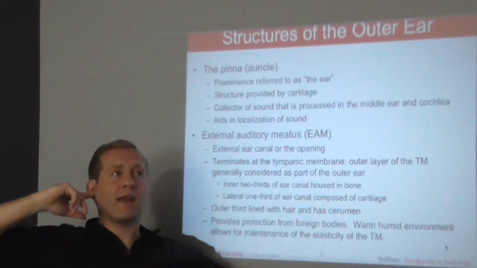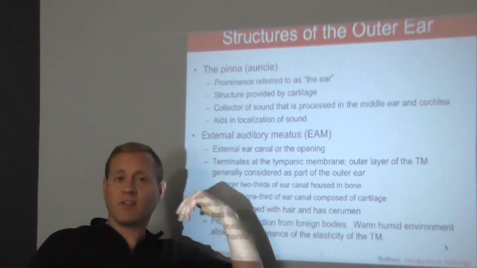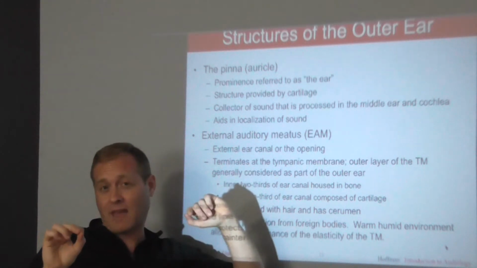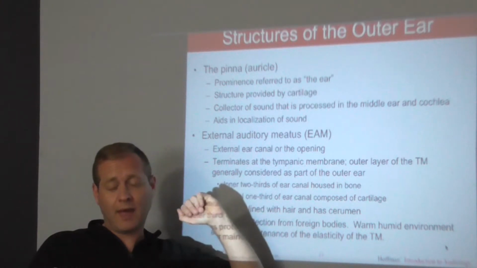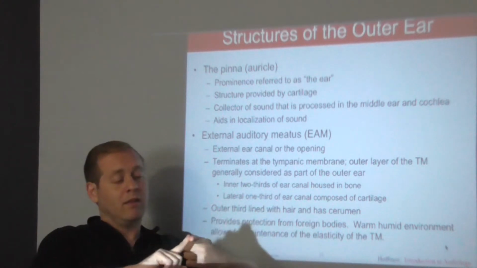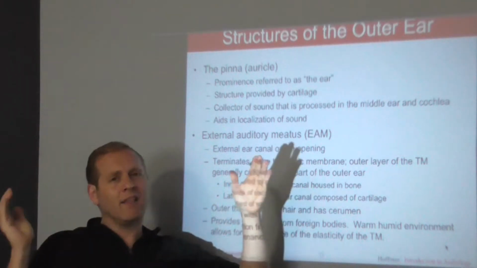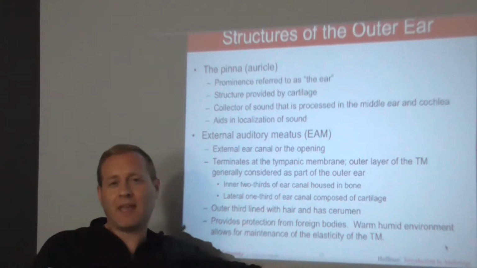So if I hear it first in the right ear, then in the left ear, I know that it's coming from my right. If I hear it first in my left ear, then in my right ear, this is milliseconds difference, guys, sometimes, I know that the sound is coming from my left, okay? Localization, pinna. Collecting and amplifying sound, pinna, external auditory meatus.